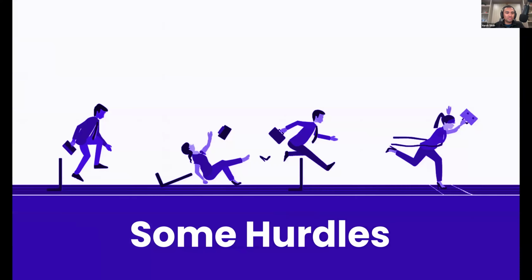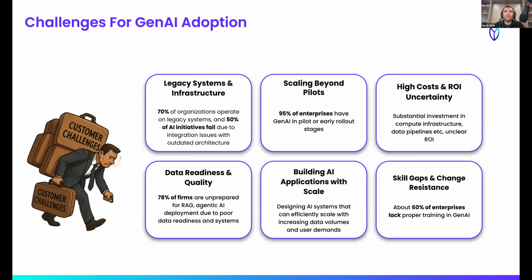And there are some hurdles that we have to get over for Gen AI adoption. A lot of you here today probably saw that 95% of enterprises have tried a Gen AI pilot, and 95% of those pilots actually failed.